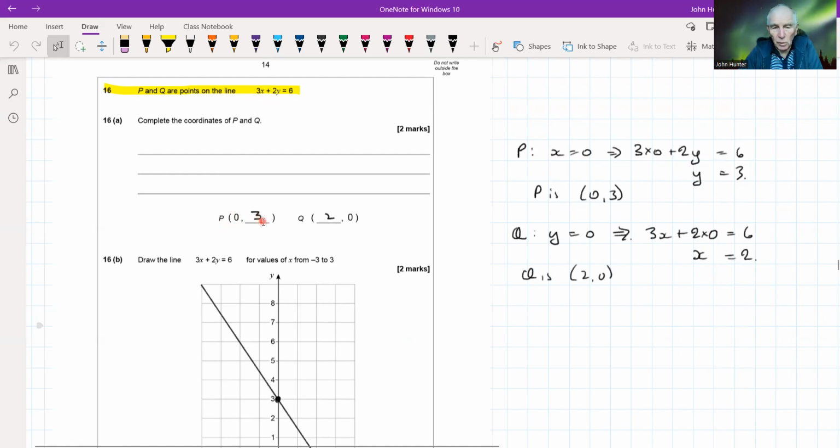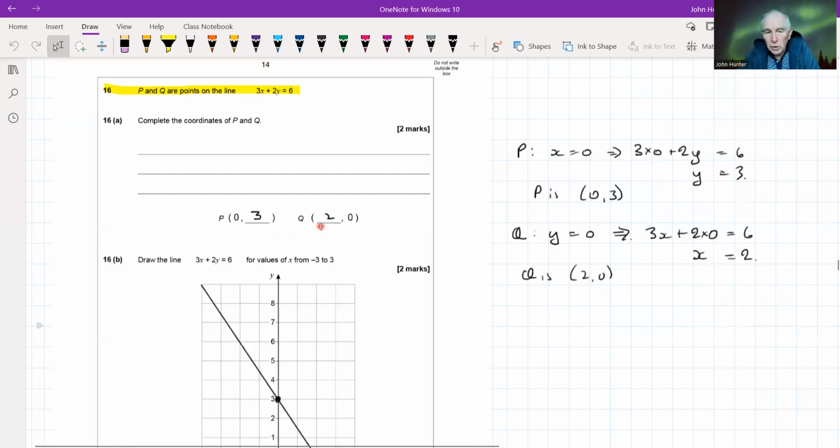We don't yet know what the y is. So if we put x equals 0 into our equation, we've got 3 times 0 plus 2 times y is 6. And that's going to give us y equals 3. So that means the point P has got a y coordinate of 3. We already know the x one. So the coordinates of P are 0 and 3.